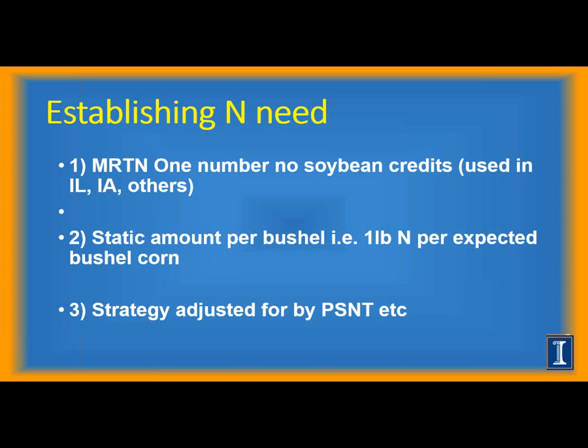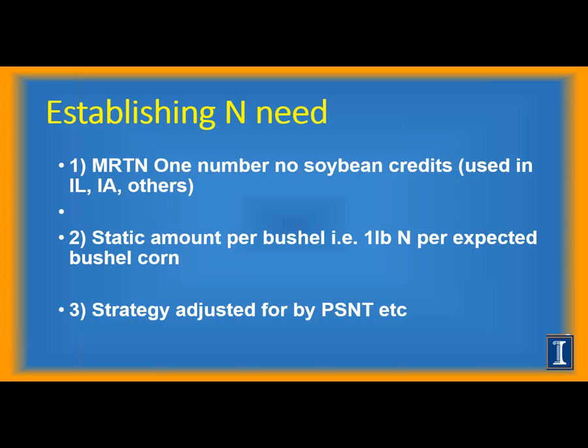If, however, you are asked to make a calculation, and this is an older method that's been used and may still be used in some states, where you project a needed amount of nitrogen per expected bushel of corn. So years ago, Illinois had 1.2, some surrounding states had 1.1, some had 0.9. So let's say, as an example, 1 pound of nitrogen per expected bushel of corn.